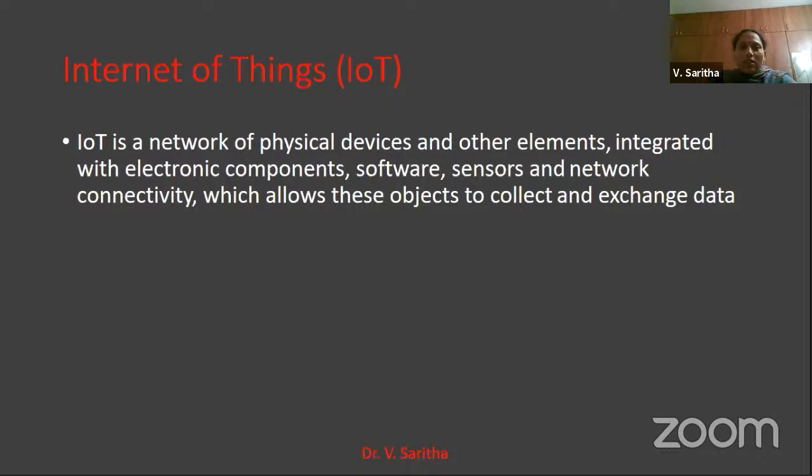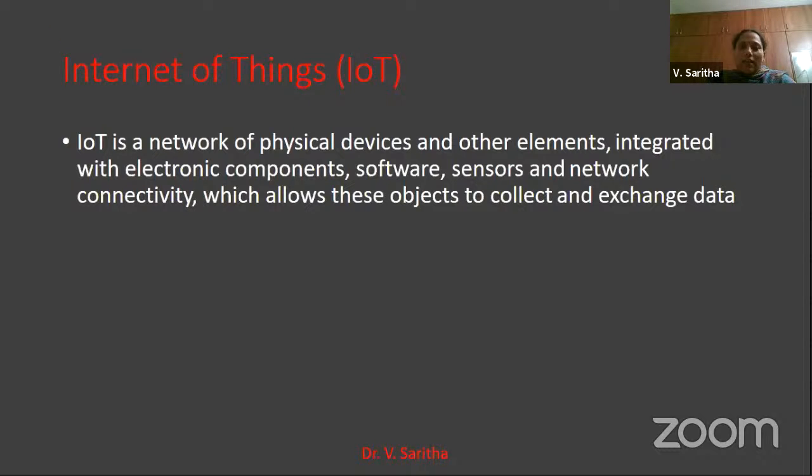Basically, most of us are aware what IoT is. It is the Internet of Things, meaning physical devices, any device it could be, that we allow to communicate among the devices and also with the human using software, sensors, and network connectivity.